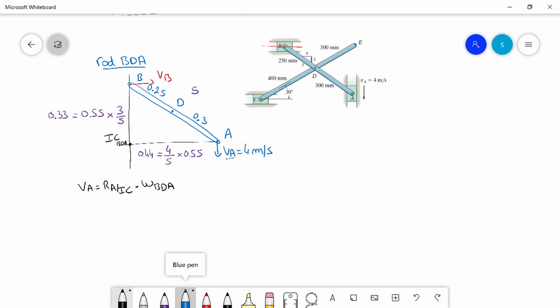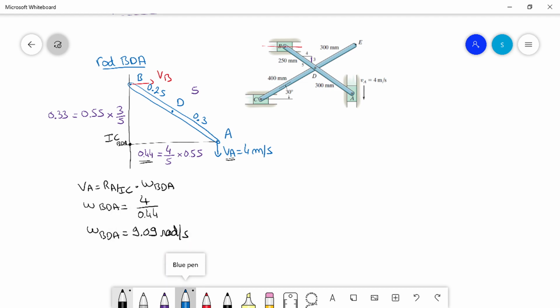We know VA and we know RA from the IC. So omega BDA is equal to VA, the 4 meters per second, divided by the distance between the IC and the point A, that's 0.44. So omega BDA is equal to 4 divided by 0.44, that's 9.09 rad per second.